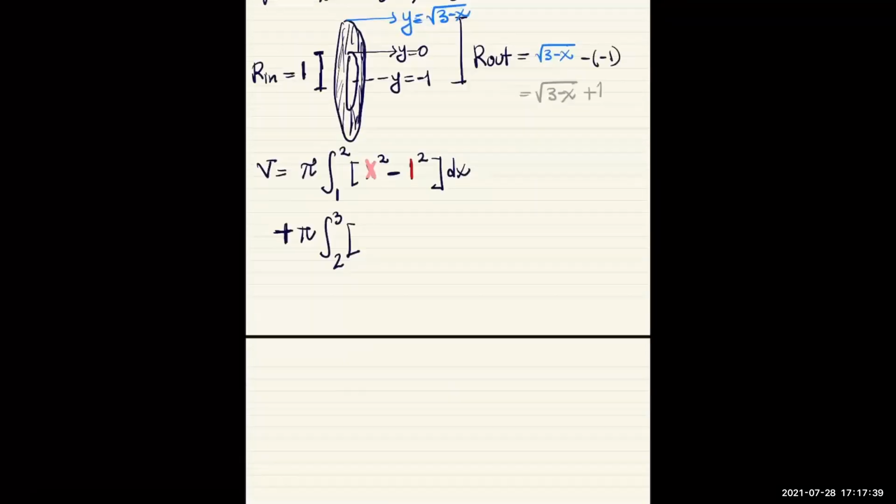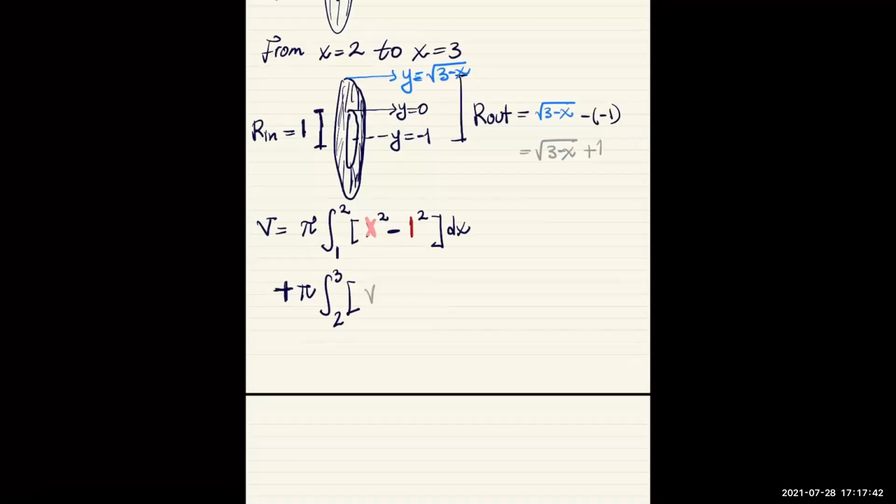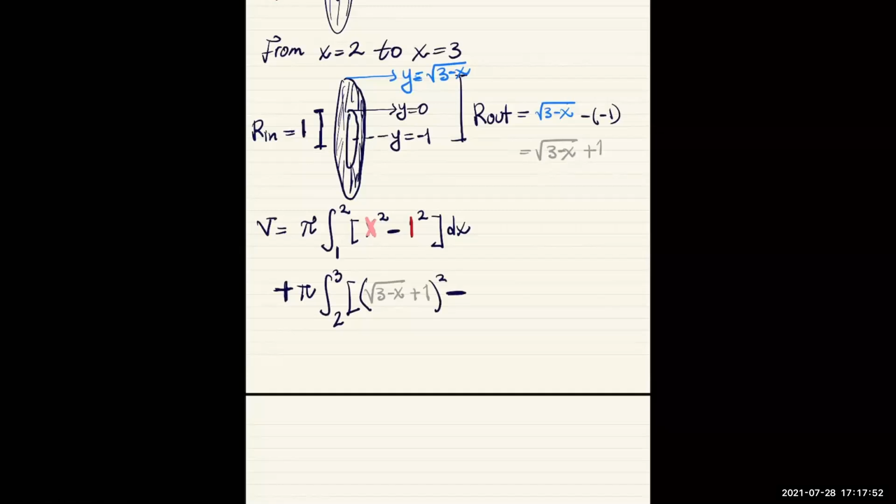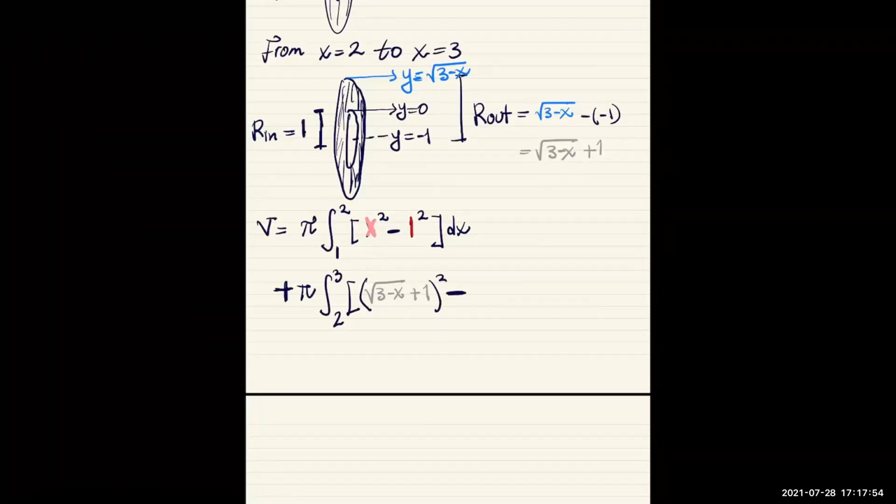Square root of 3 minus x plus 1. That's the outer radius, guys. We need to square that radius, and take away the inner volume, which is the inner radius squared.